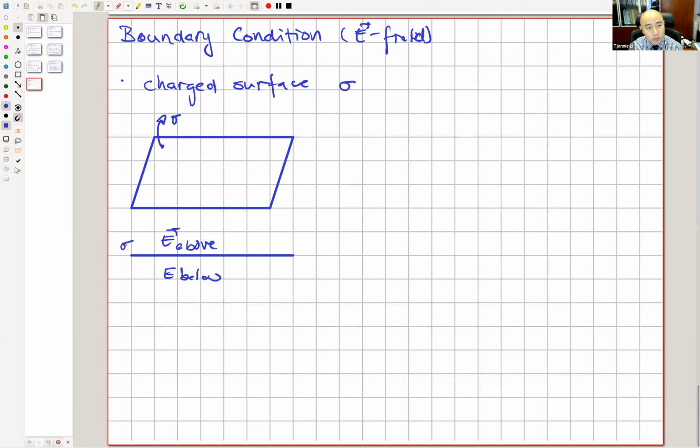Even in general, we've seen it in the first or second problem set. If I have some particular charge distribution or total charge, then how do I get the electric field outside? This is something that you should have seen in 2041 as well.